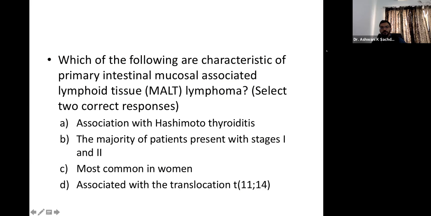So the question about lymphomas is, which of the following are characteristics of MALT lymphoma? You can answer; two options are correct. Options: association with Hashimoto thyroiditis, majority present with stage 1 and 2 disease, more common in women, associated with translocation.